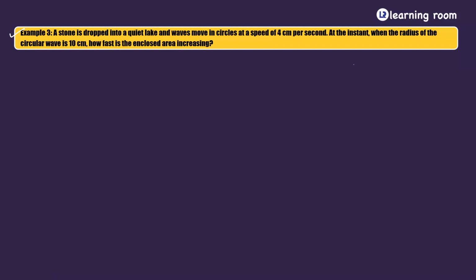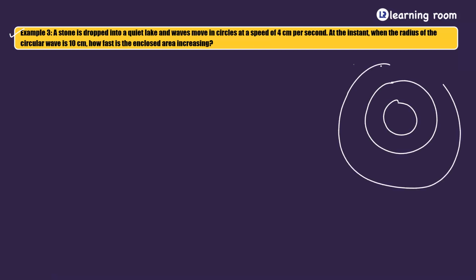So when you see from the top view, whenever a stone is dropped into still water, what kind of shape do they take? They take the shape of circles. Here they say that the waves move in circles at a rate of 4 centimeters per second. Did they give it in centimeter or centimeter square? Centimeter.